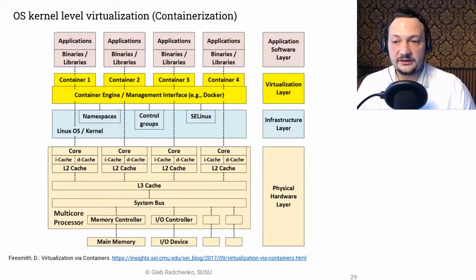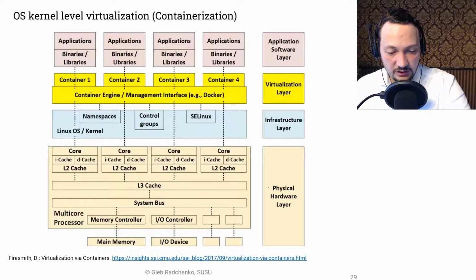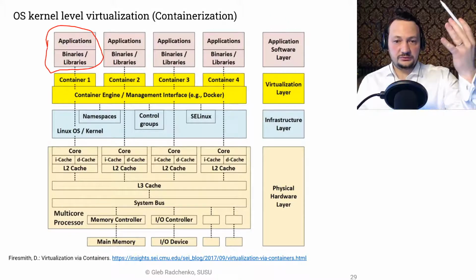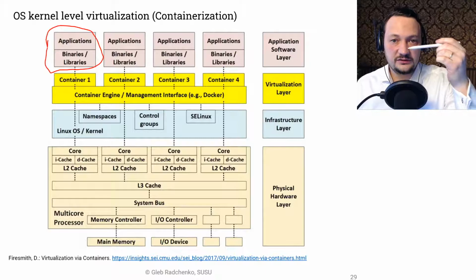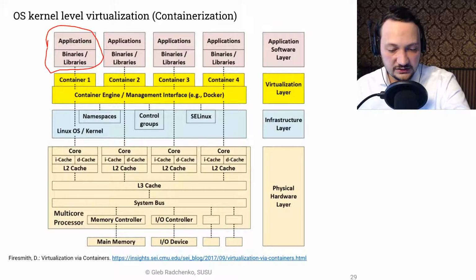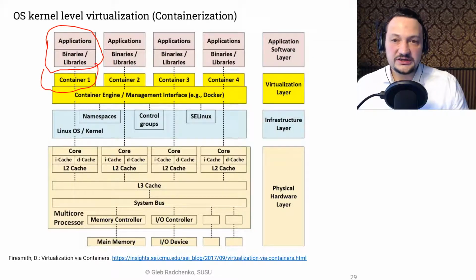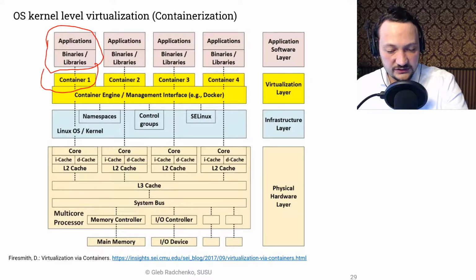On this slide, you can see how this OS kernel virtualization, or containerization, is implemented. On the top, we have our applications that represent the processes that are isolated inside containers. These containers are working inside the container engine, for example, Docker, and we use namespaces and cgroups to manage these containers.